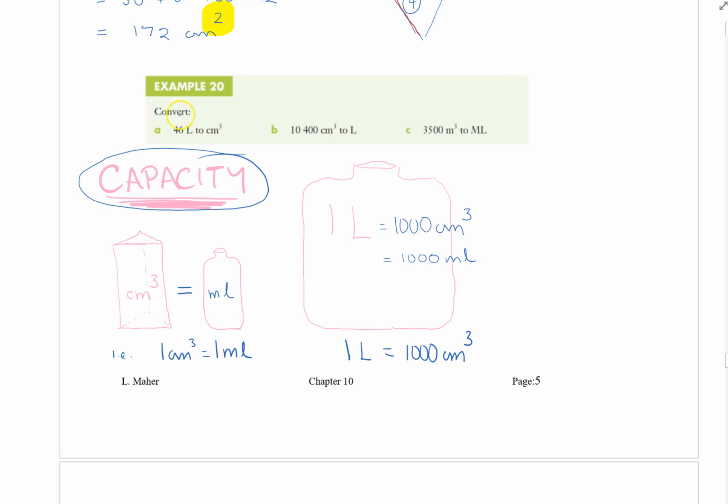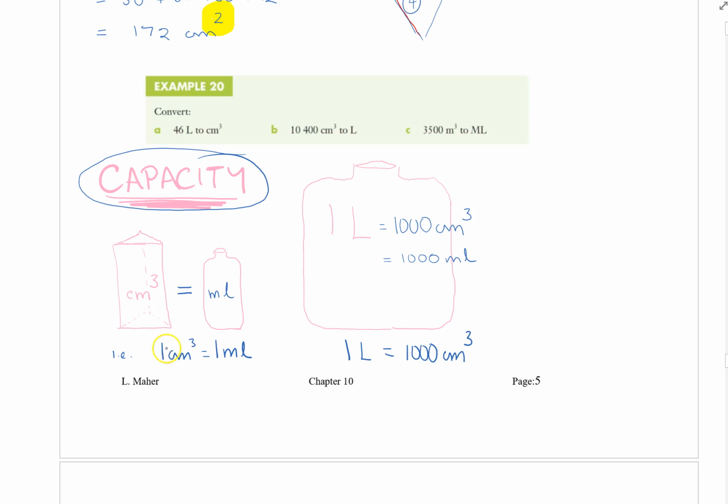So you can see questions here, like in this example, where it simply says convert your litres to centimetres cubed or mils, etc. However, when you get a question about capacity, you have to know that your first step is to calculate volume, second step, convert. And that's something that you will put in your summary for this exercise and points to remember.